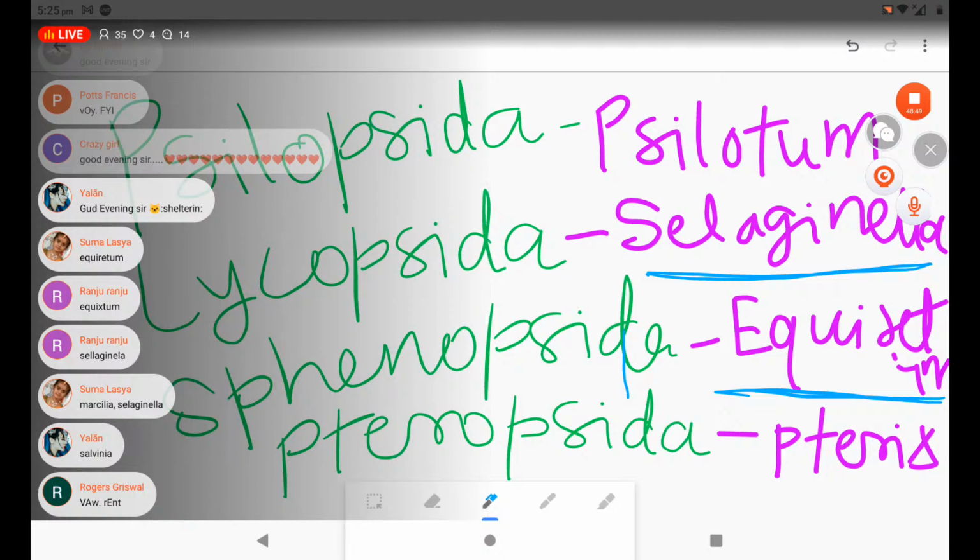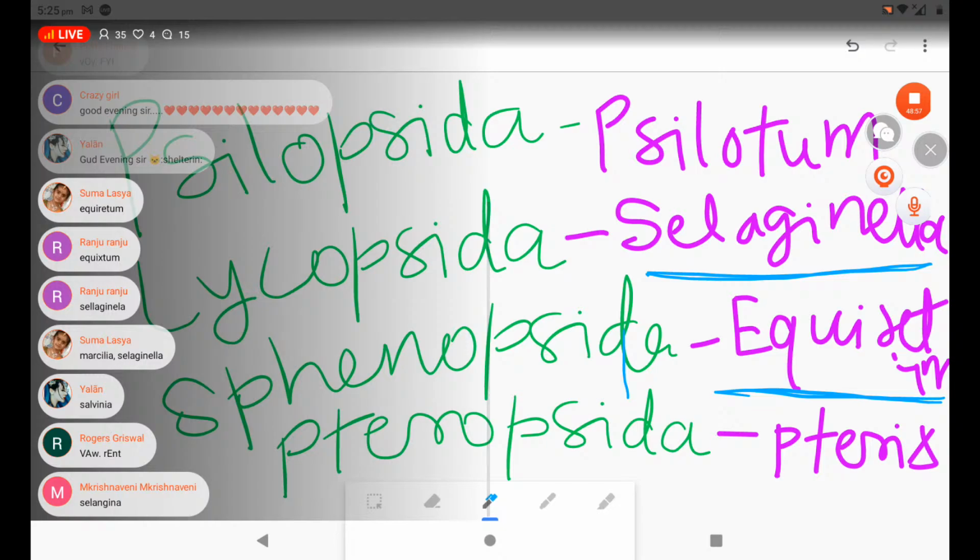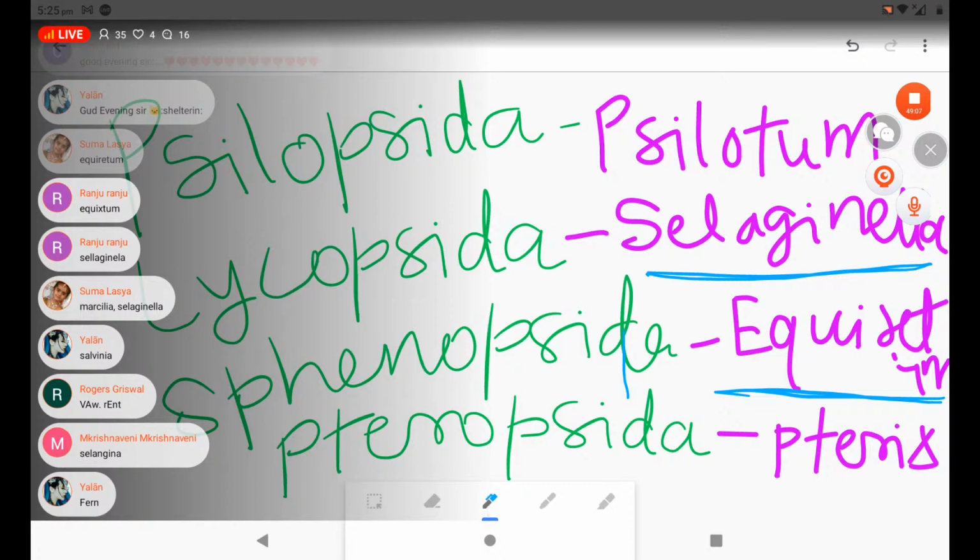Selaginella is given, but it is not correct. Others also did not give it correctly. I asked for the thallus which has both Anthoidium and Archegonium in a single thallus.